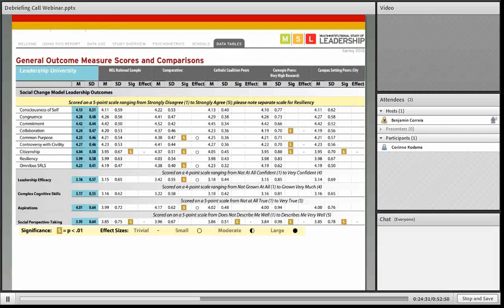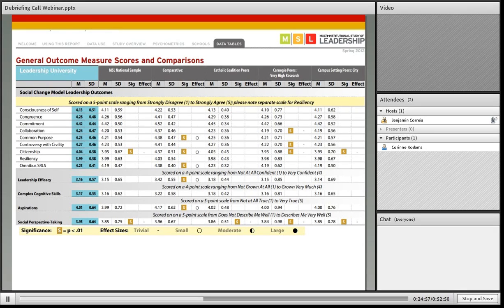Note also that resiliency is listed in this section of the report. It had to do with some of the report structuring, so it's not part of the social change model per se. But because of the way the report was structured, this is where it ended up. So I'm sorry if that's confusing. Then there's leadership, advocacy, complex cognitive skills, aspirations, and social perspective taking.